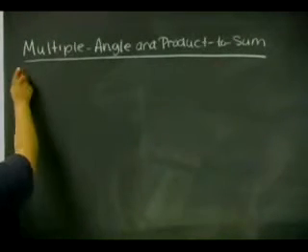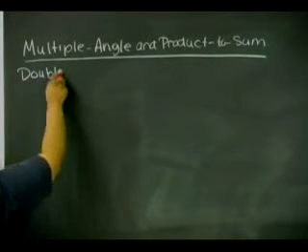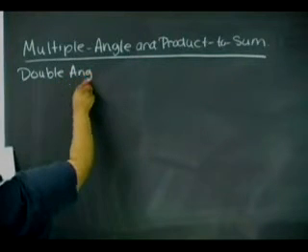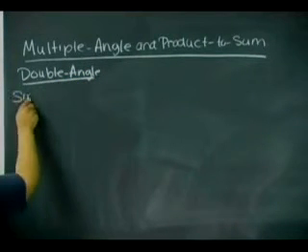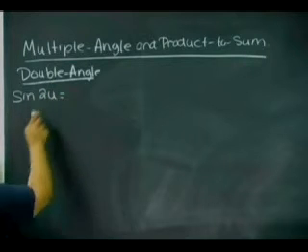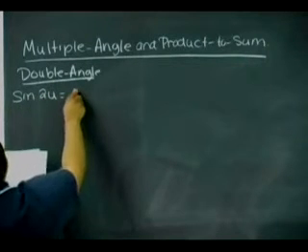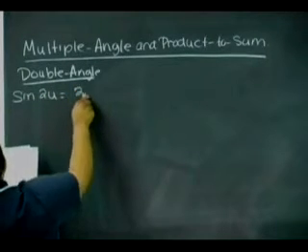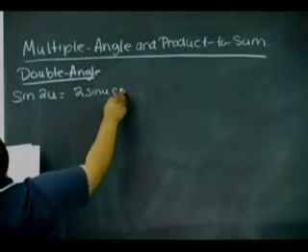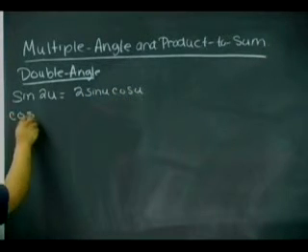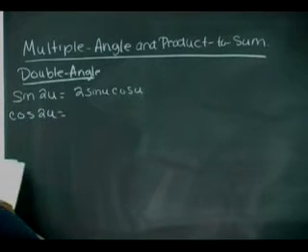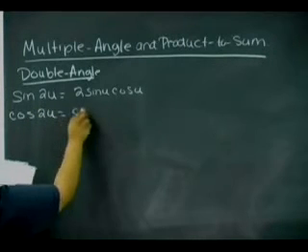The first ones we talk about are the double angle formulas. And this is where we can break down a double angle into a single angle. So sine of 2u is 2 sine u cosine u. Cosine of 2u has several forms.